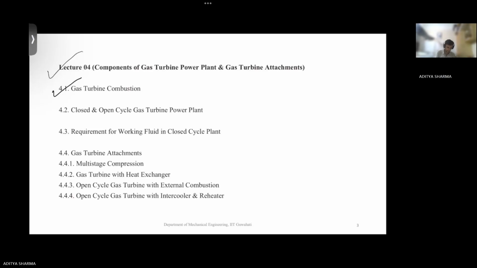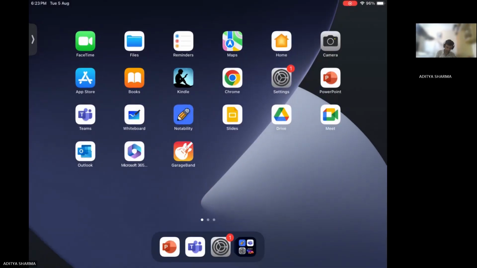First of all, in gas turbine combustion, the essential parts are compressor and turbine.